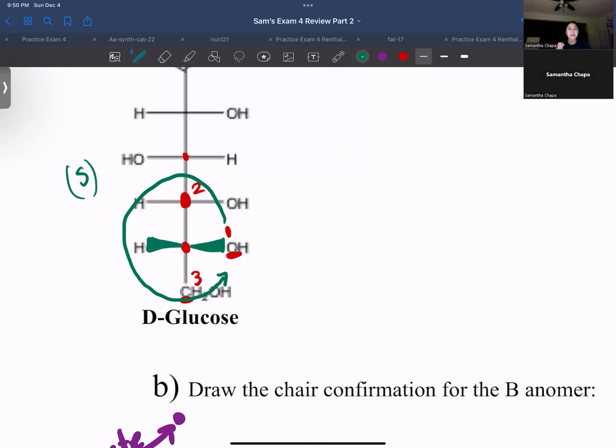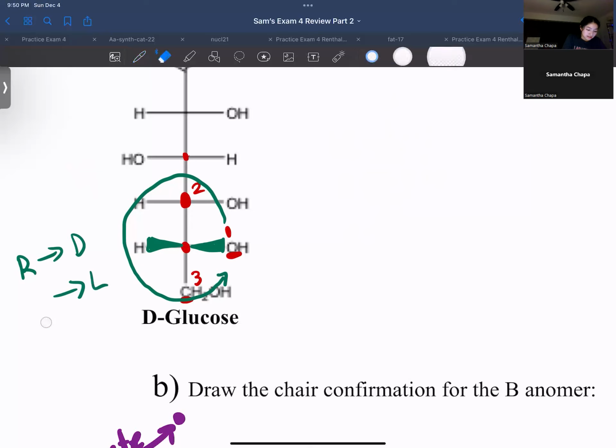Then that S configuration flips to R. So we figure out the configuration, and now we need to remember, this is just memorization, that we can tell what glucose it is by the configuration, and so R gives you D-glucose. If we had an S configuration, it would have been L-glucose. Oh my god, it's so hot in this room.